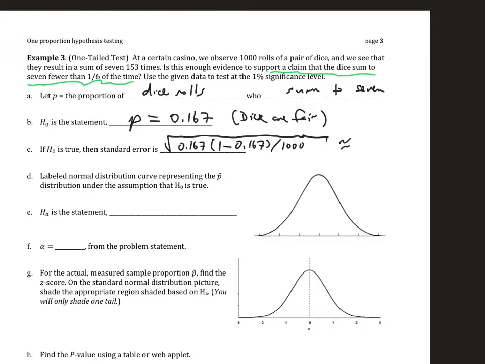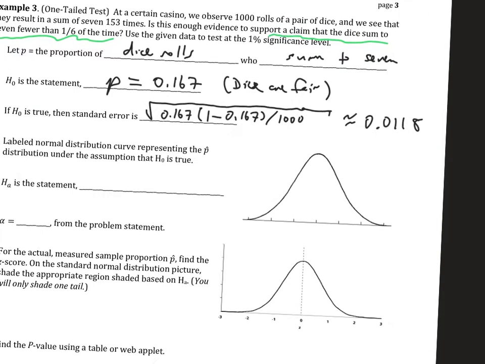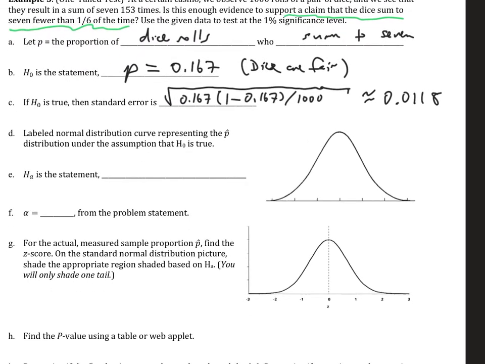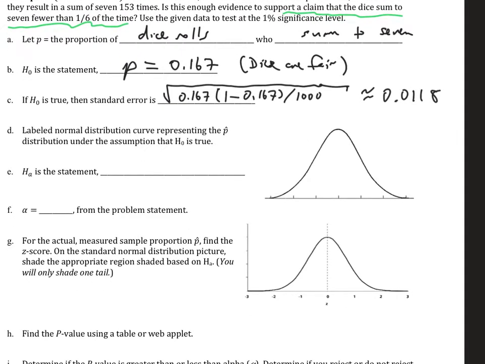And that ends up being, let's see, so that's what I got on my calculator, 0.0118. And that's enough information to allow us to label our p-hat distribution. And again, this is what the picture of p-hats would look like if the null hypothesis were true.